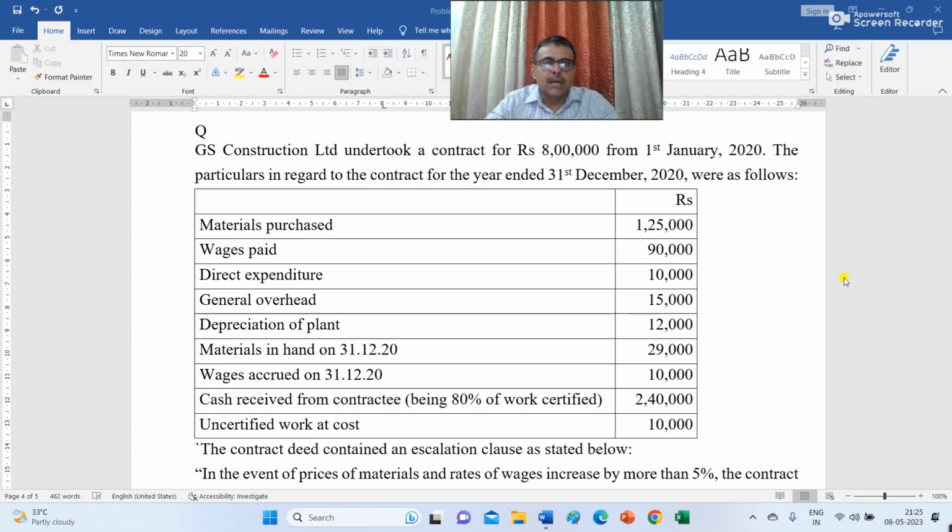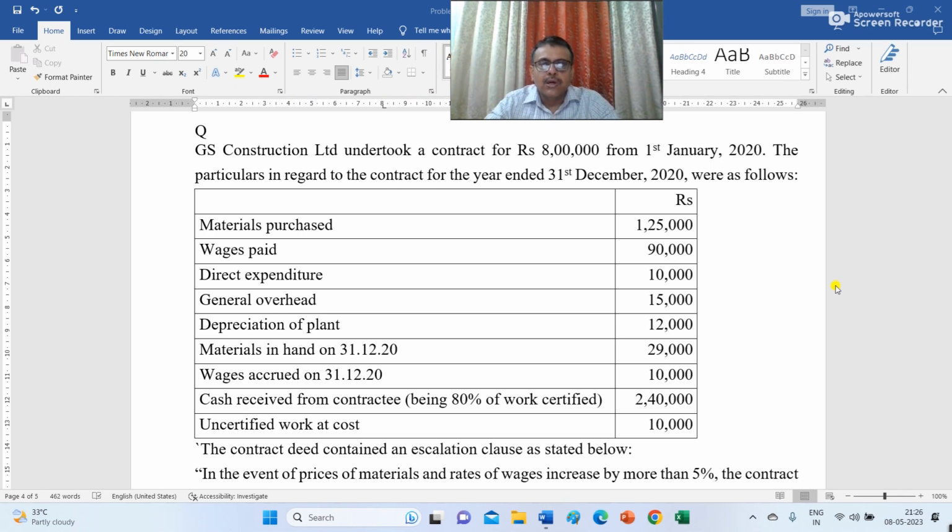GS Construction undertook a contract for rupees 8 lakh from 1st January 2020. The particulars in regard to the contract for the year ended 31st December 2020 were as follows.